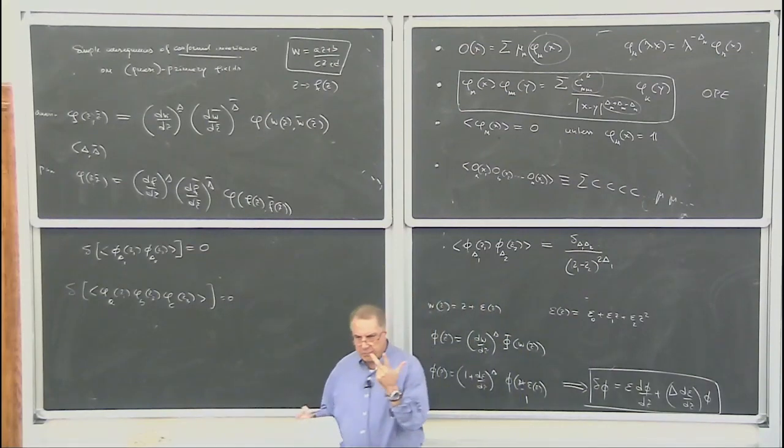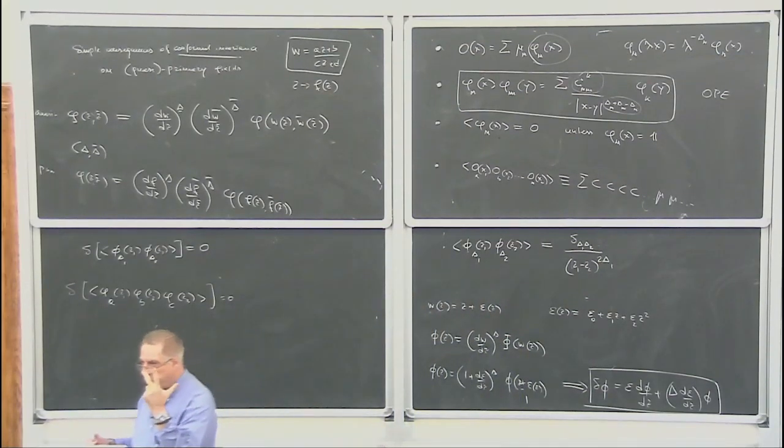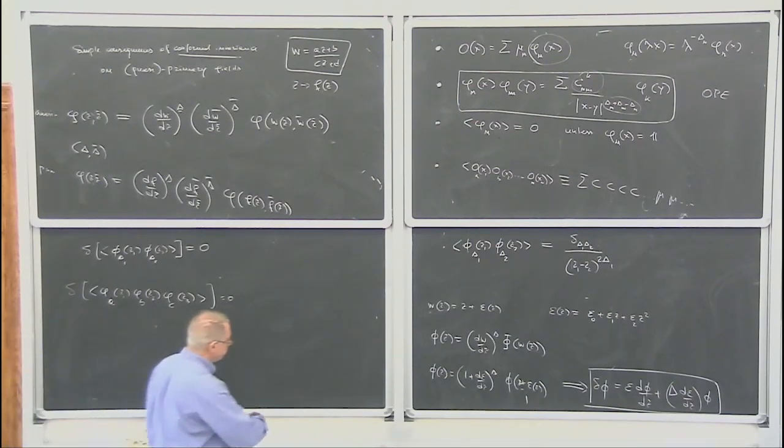Now, with the three-point function, I have 3 points. So this means that if I use the symmetry consistently, I shall be able to fix uniquely the behavior of this function in terms of the coordinates, but not its normalization.